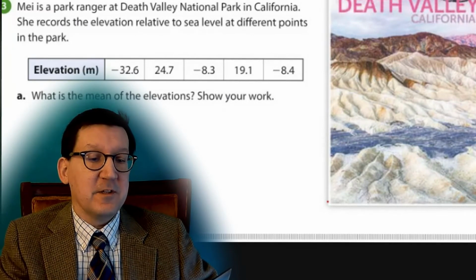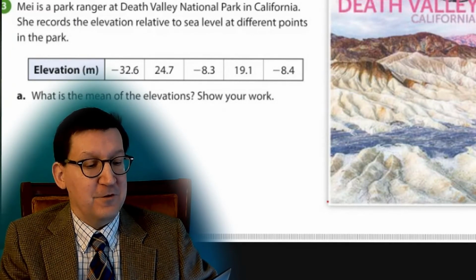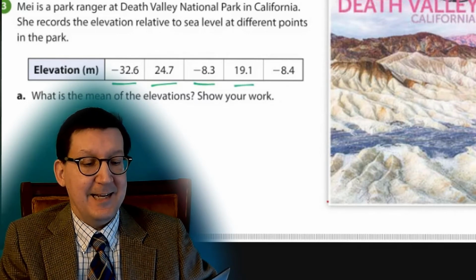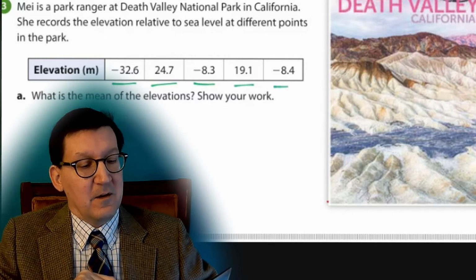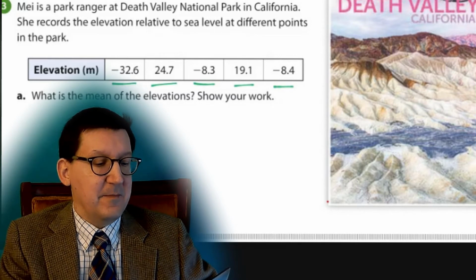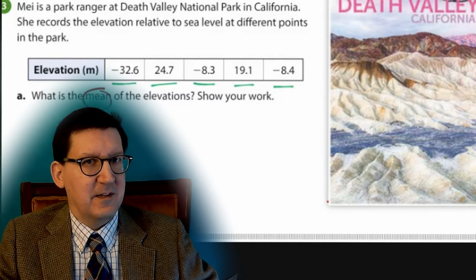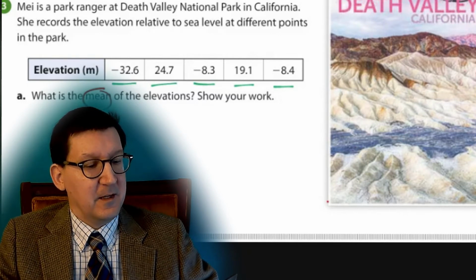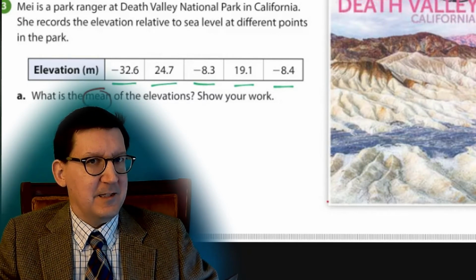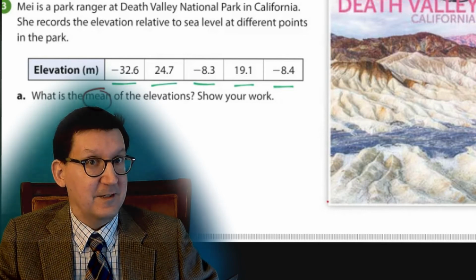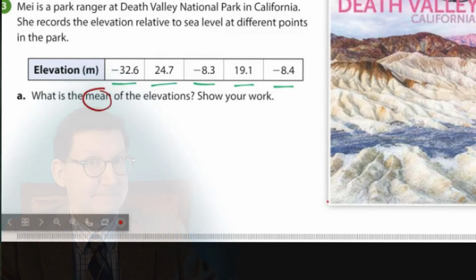So we have elevations of negative 32.6, positive 24.7, negative 8.3, positive 19.1, and negative 8.4. What is the mean of these elevations? And show your work. Ooh, it's a lot like the sample problem we did at the beginning. Give it a shot and see what you can do. Pause and tell me what your answer is. And we'll be back in just a second.